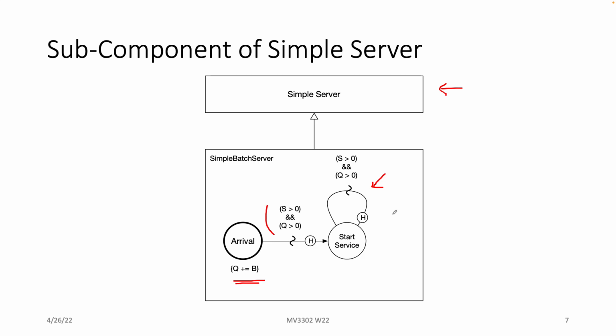It subtracted 1 from the number of available servers and scheduled the end service. So all of that will happen because we have indicated that by our thin border here. But in addition to that, we're going to keep scheduling the start service as long as we have both a server and a customer available.